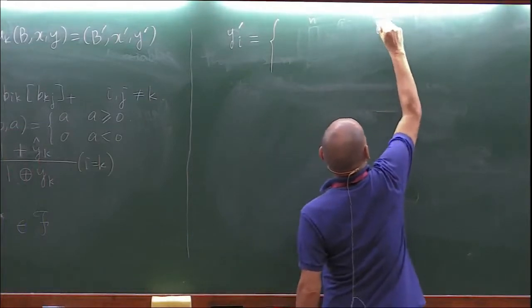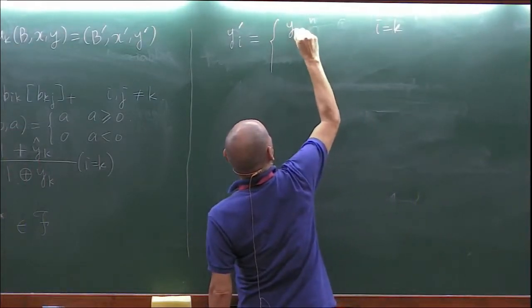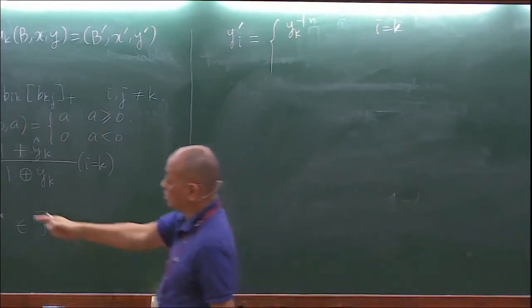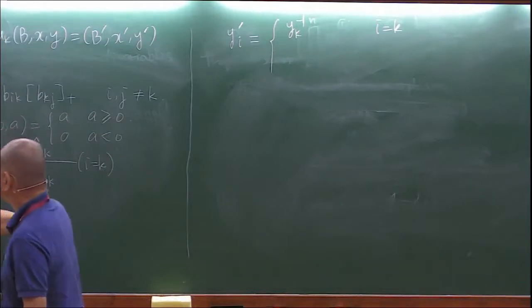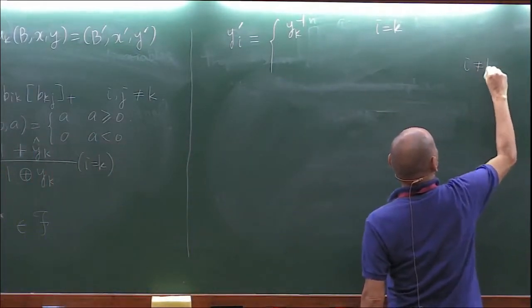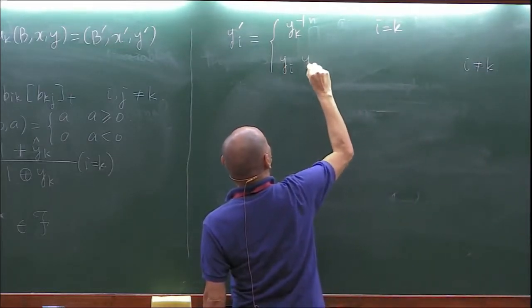This side simply takes the inverse, and that's it, and actually it corresponds to this part. The other part happens when i is k, and it is a little ugly.